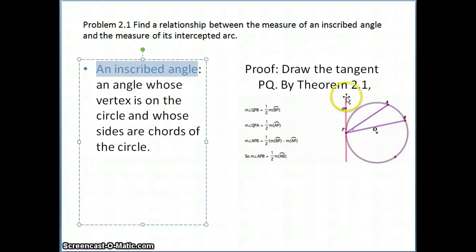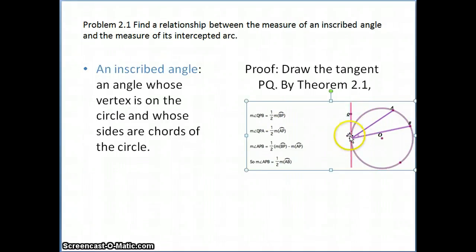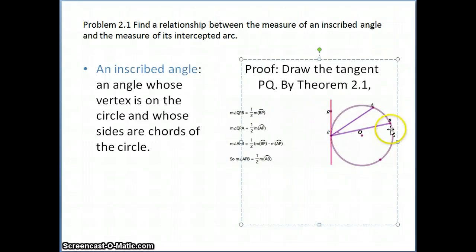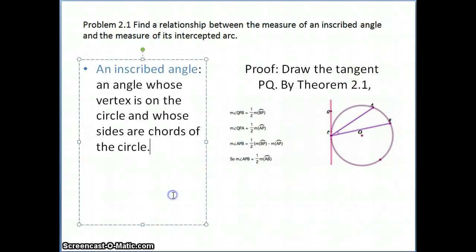Similarly, if we consider the tangent PQ and the chord PB, forgetting about the chord AP, we have an angle QPB, and the arc between them is arc PB. By theorem 2.1 again, the measure of this angle is half of the measure of the arc.